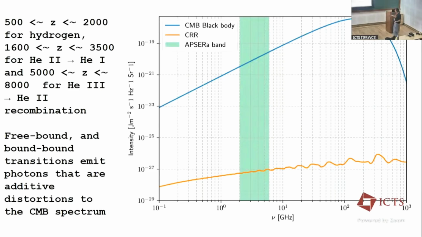So this blue line, in spectral density units, is the CMB spectrum. It turns over nicely at around 150 gigahertz or so. And down below here in orange is the spectral distortion, the additive photons that come from the formation of the first atoms. And highlighted in green is the band that I'm building an experiment at RRI to try to detect these signals.